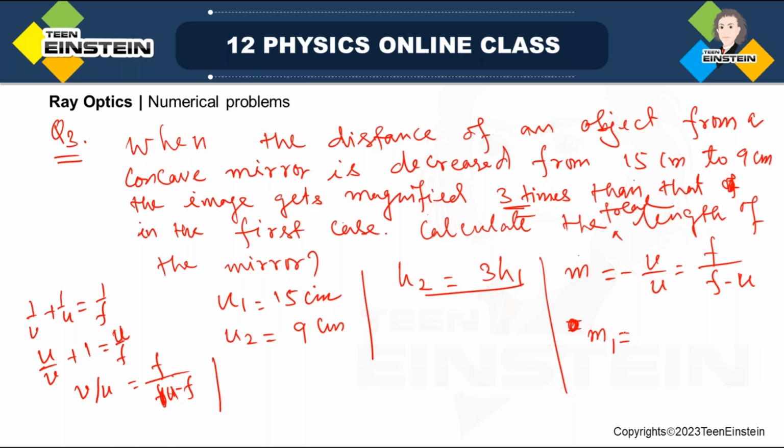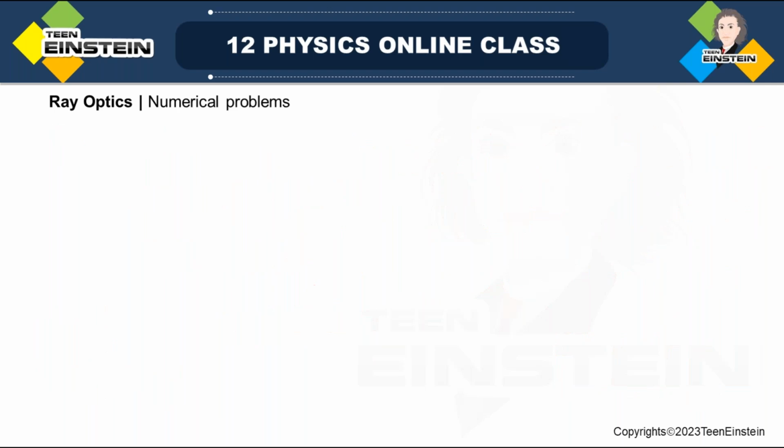Suppose m1 in the beginning, when it was 15, so this will be actually minus 15, so f by f minus of minus 15, and when it is m2 it is also f by f plus 9. So m1 we have got f by f plus 15, and m2 we have got f by f plus 9.